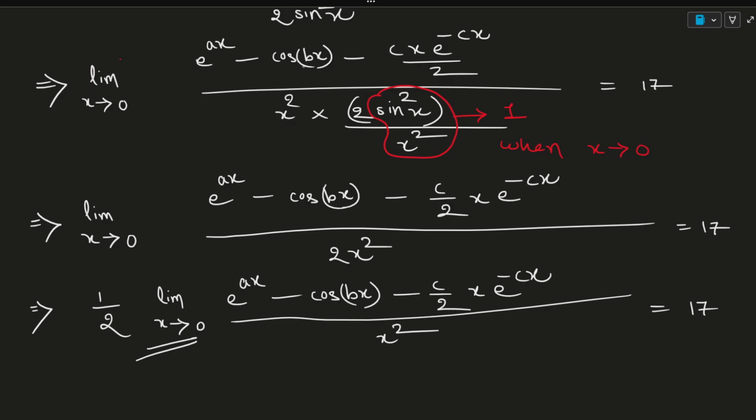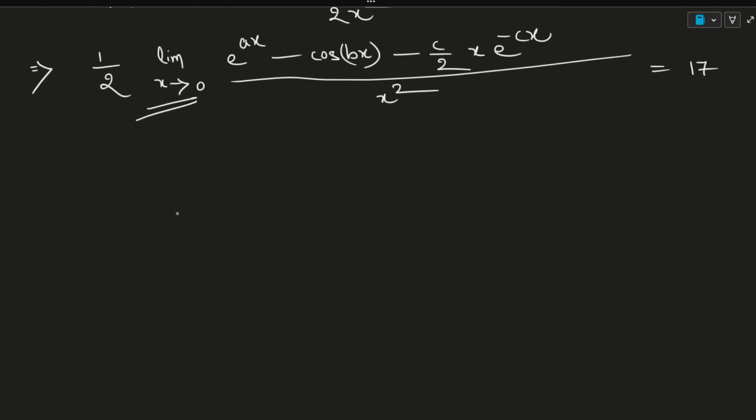As when x tends to 0 this function reduces to 0 by 0 form, I can apply L'Hospital rule. In L'Hospital rule, I will differentiate the numerator and denominator separately.